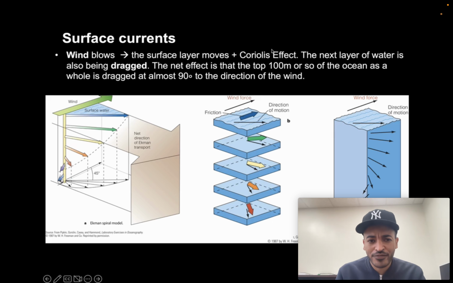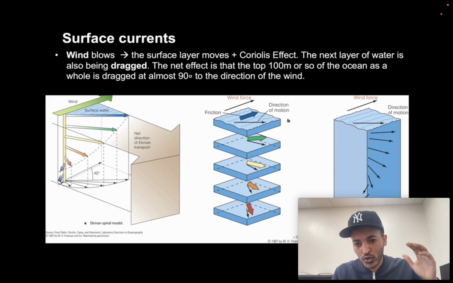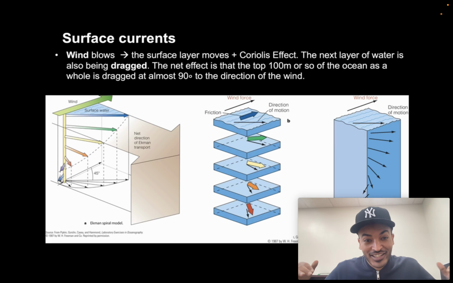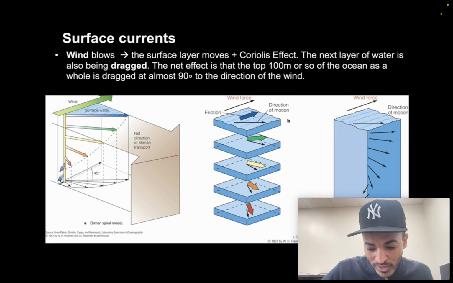So the net effect of the surface currents is that the top 100 meters or so of the ocean as a whole is dragged in the direction of the wind, right?